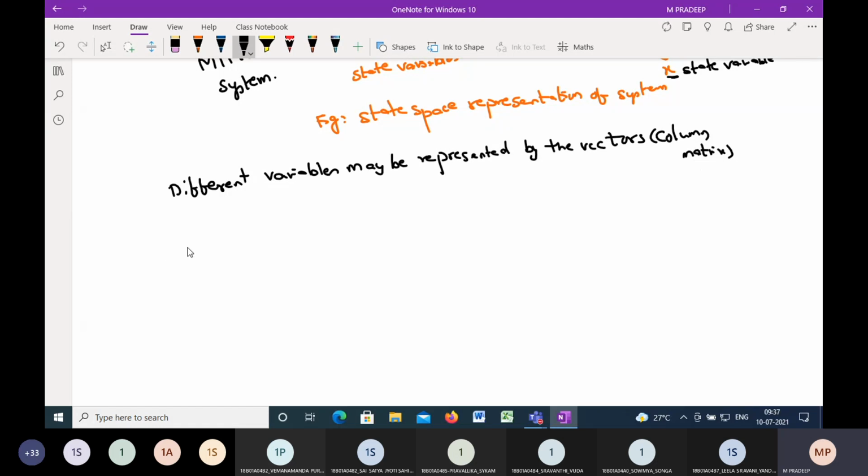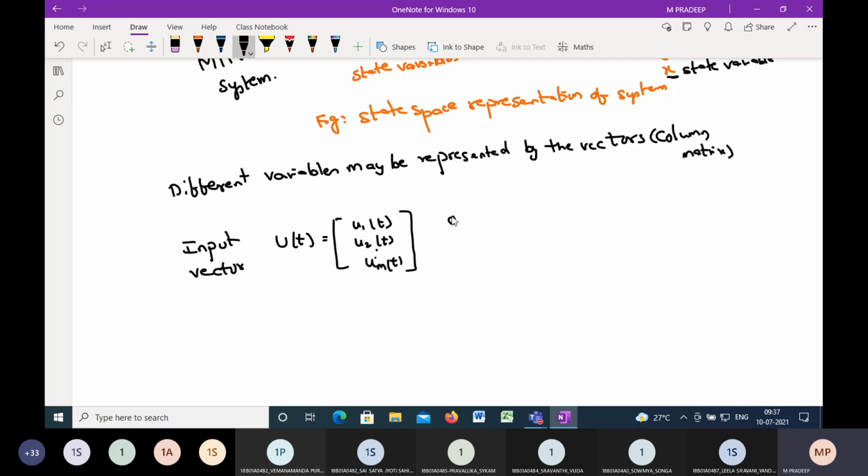For the input variables, we are going to call it the input vector. That is, capital U of t is equal to u1 of t, u2 of t, and so on up to um of t.